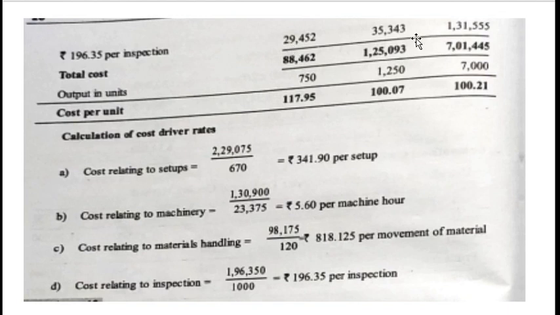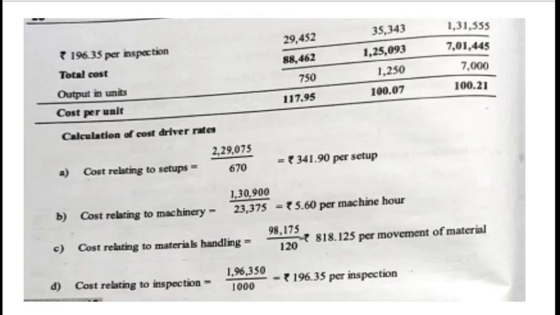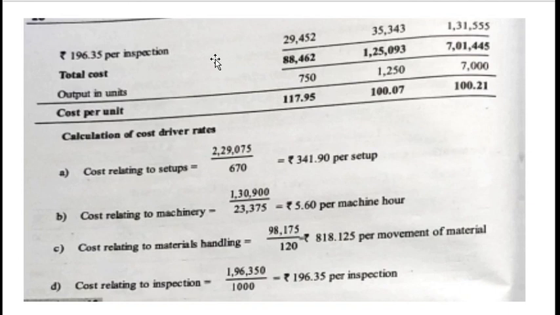Next for Q, the number of inspections given here is 180. So 180 into 196.35 will give you 35,343. Next for R it is 670 inspections. So 670 into 196.35 per inspection will give you 1,31,555.